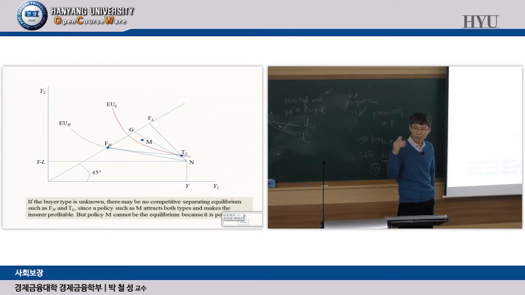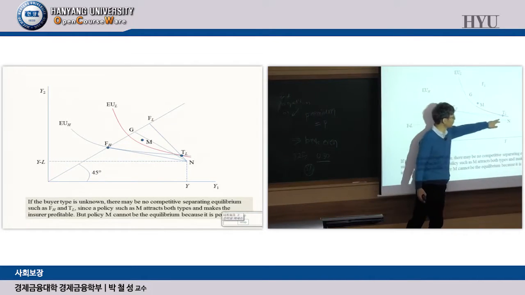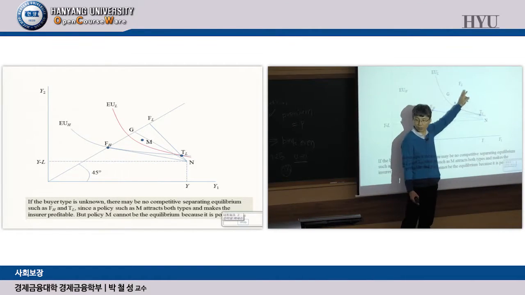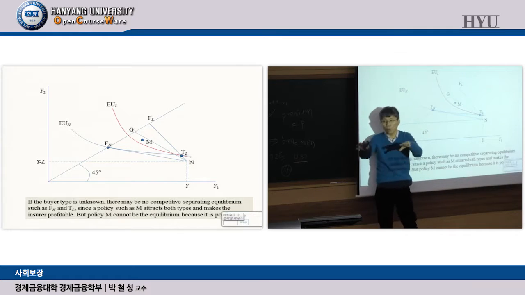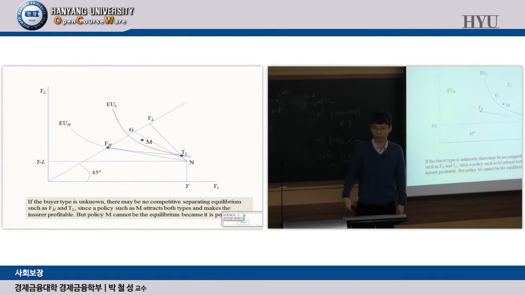So if they sell the insurance only to one type, then high risk type will always buy an insurance somewhere here, and low risk type always buys an insurance somewhere here. Because the insurance company knows the probability. What they don't know is who's high risk or who's low risk. They know the probability of each type, but they don't know who that person is.